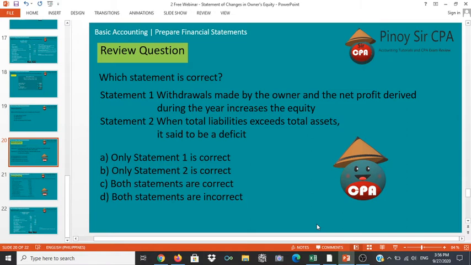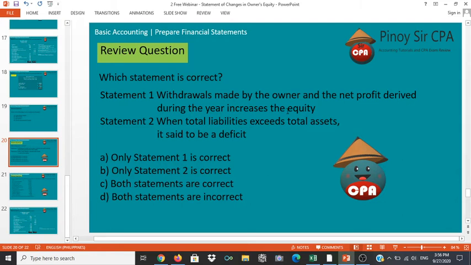Let's see. The correct answer, by the way, is only statement 2 is correct. Kasi yung statement 1, mali yun eh. Withdrawals made by the owner will not increase your equity. Bagkus, magbabawas pa nga. Remember, withdrawal, it is a contra account.